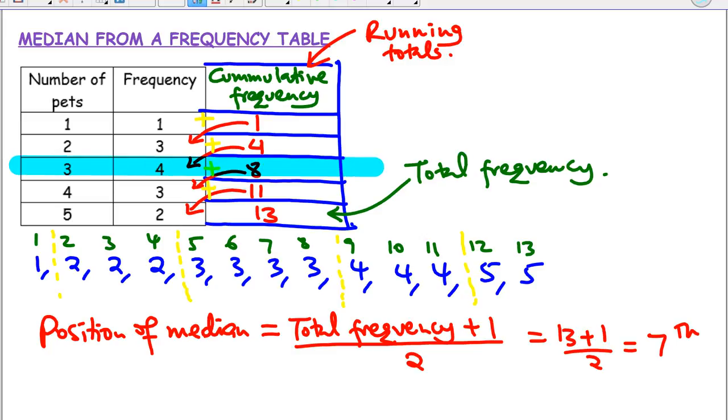Which means that the 7th position is actually number 3. So what we are saying here is the median will be equal to 3, because at the 7th position we have number 3.